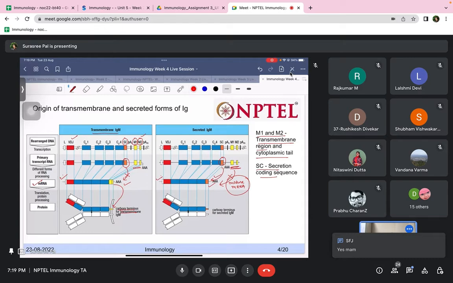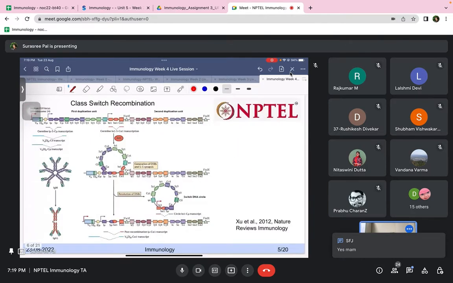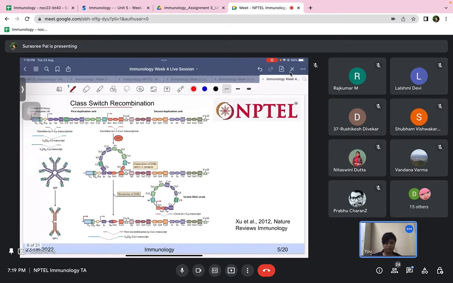All right. So next, moving on to another recombination event, which is class switch recombination. What is this class switch recombination? This is very similar to your VDJ recombination, right? VDJ recombination we were learning last week.